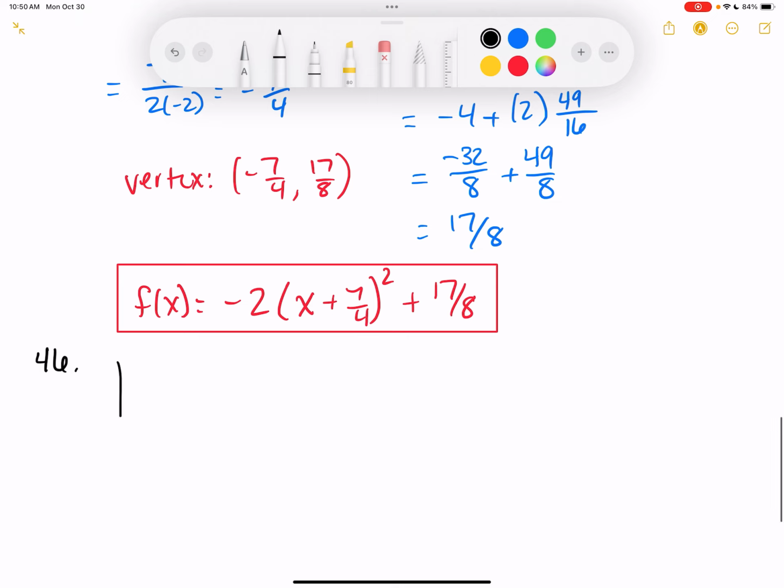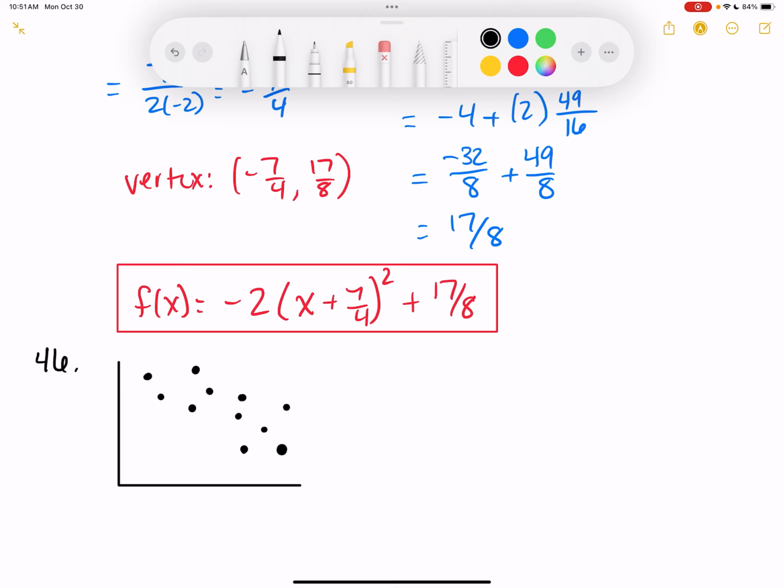Number 46. They labeled each axis with values, but it really doesn't matter, to be honest. And then they put points on the graph. And no, it doesn't matter that some of them are different sizes. It just happens.